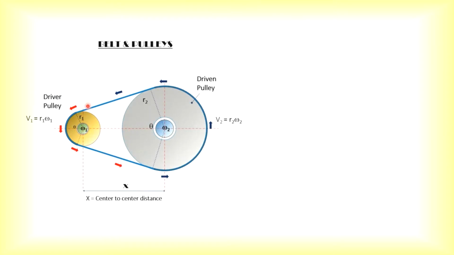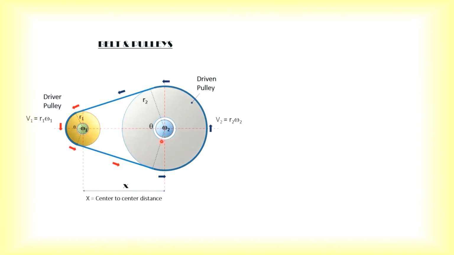So this is an open belt drive. From the diagram, you can see we have two pulleys. One is known as the driver pulley and the other is the driven. When you refer to this diagram, the driver pulley is smaller and the driven pulley is larger.